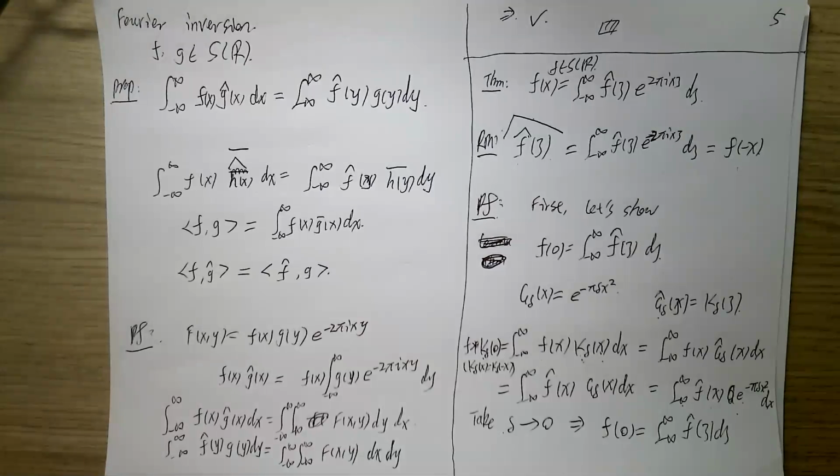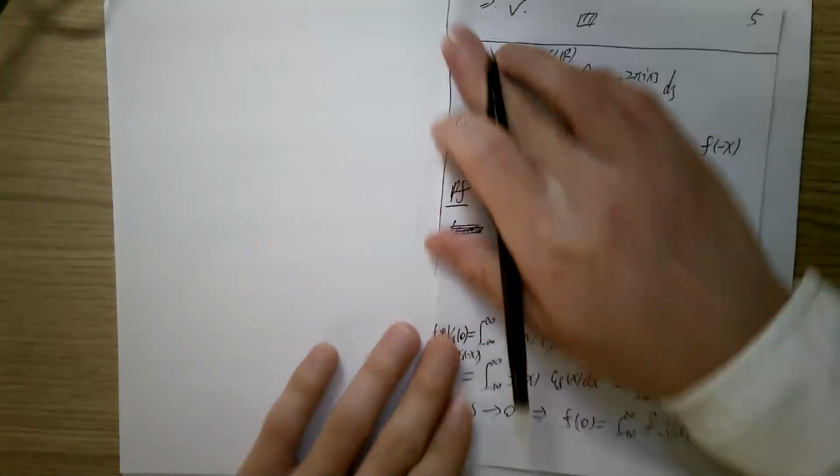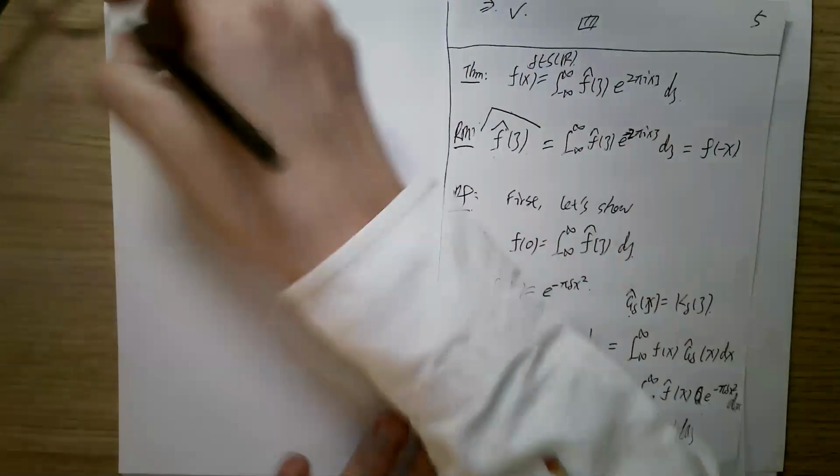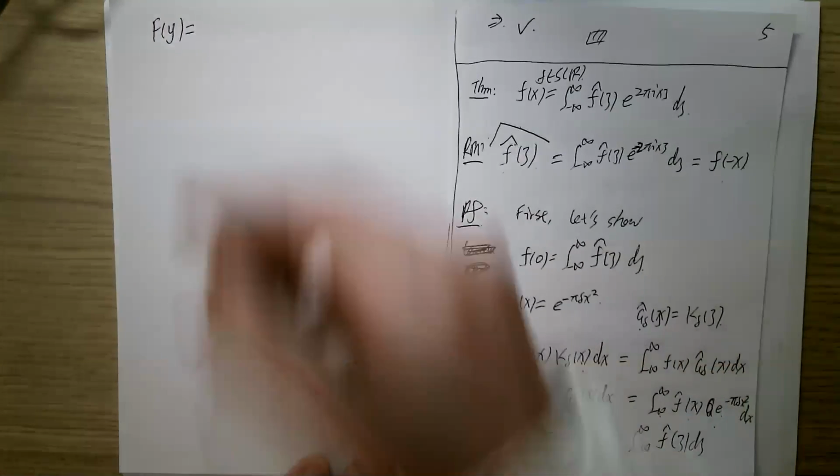So now we have that this is true at 0. What if we don't have it at 0? If we don't have it at 0, the problem is still very simple because we can do a translation.